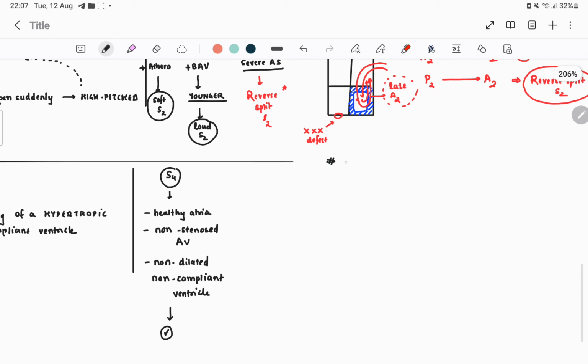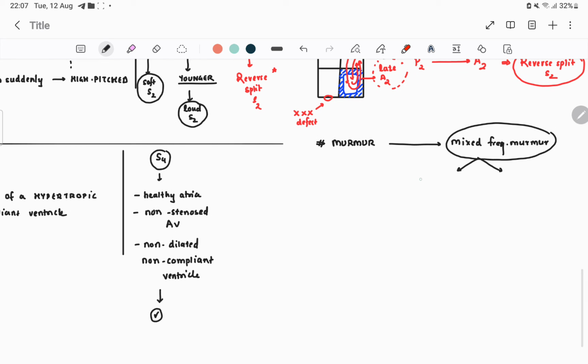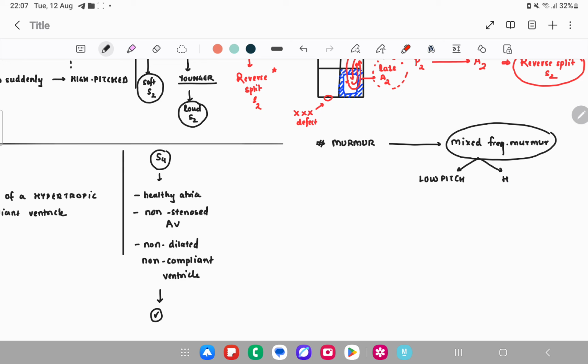If I talk about the murmur, then there will be a mixed frequency murmur. Mixed frequency murmur means there will be two pitches, low pitch and high pitch.